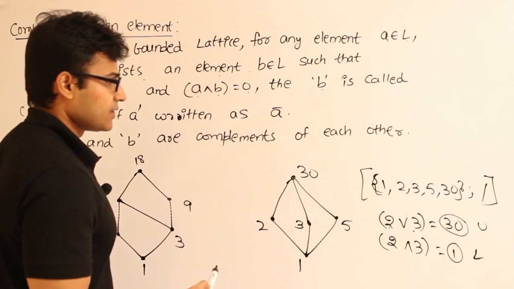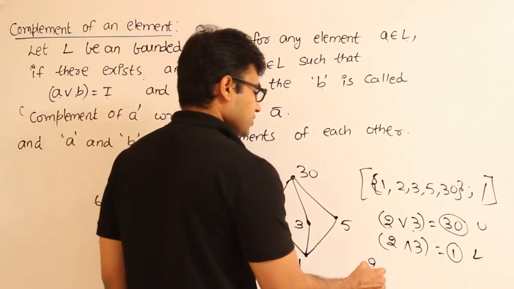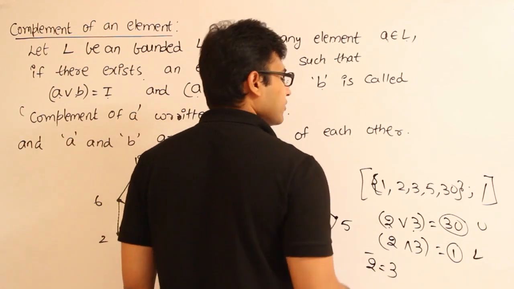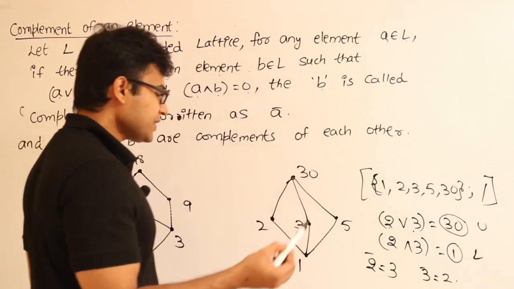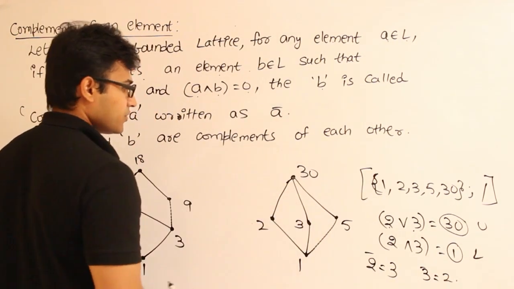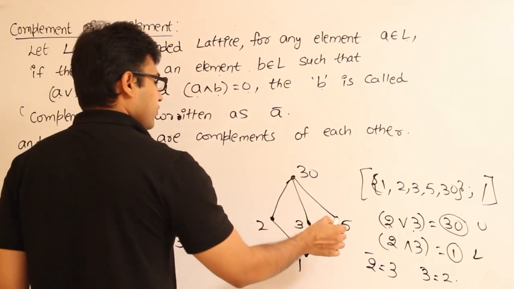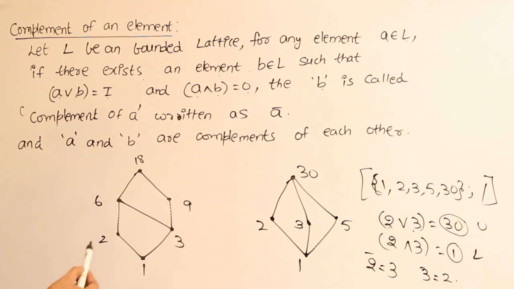So 2 and 3 are complements of each other, which means I can write that 2 complement equals 3 or 3 complement equals 2. Similarly, 2 and 5 are complements of each other, and 3 and 5 are complements of each other. Got it? That is how we define the complement.